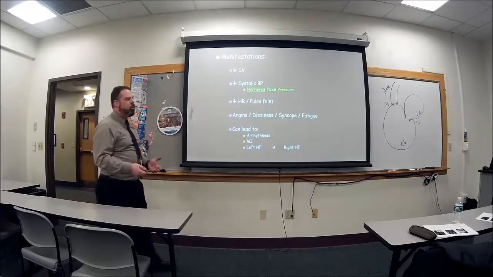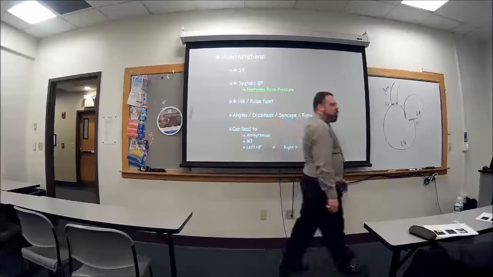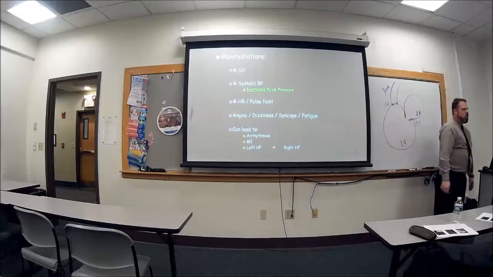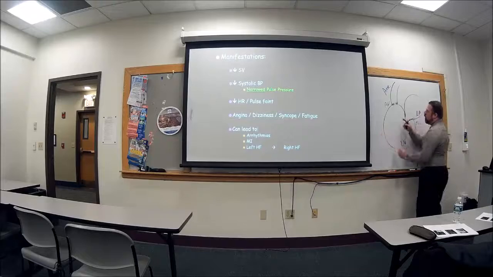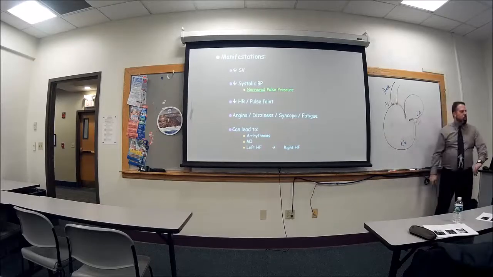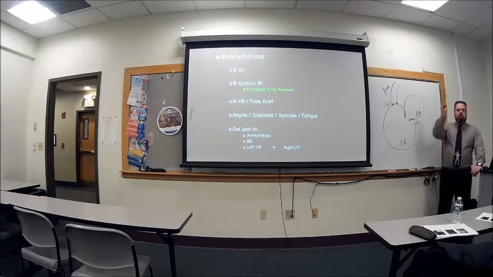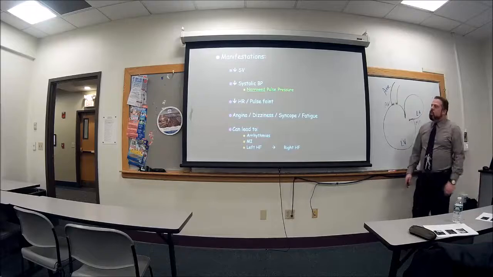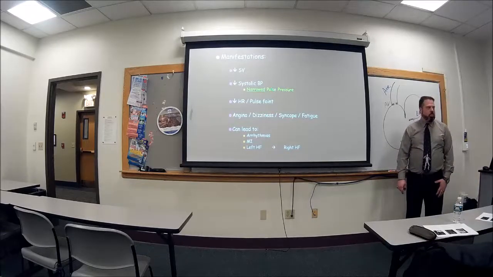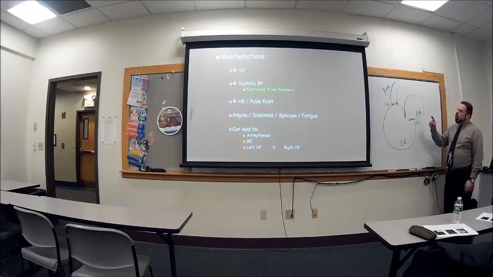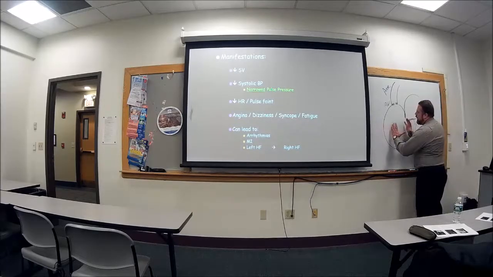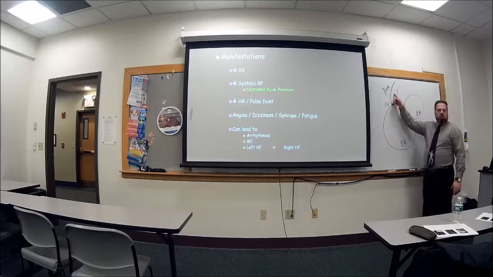Okay? So manifestations. You'll have a decrease in stroke volume. Make sense? With that little pinhole, when the ventricle contracts, you're only going to have a little bit of blood entering the aorta. That blood going out is the stroke volume, and it's going to decrease. You're going to decrease the systolic blood pressure. Now, think about this. This contracts, little blood going out there.